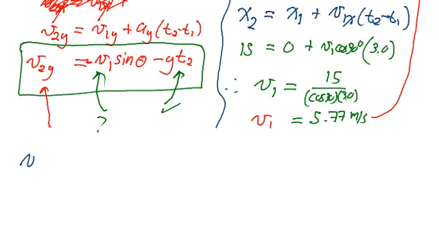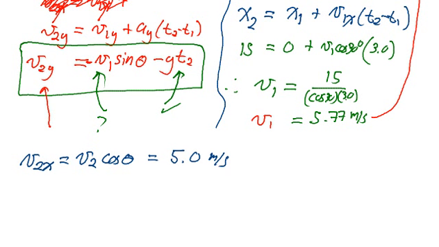So v2x will be equal to v2 times the cosine of theta. Then we can come up with that number, so that will be our 5.77 times the cosine of 30 degrees. So that equals 5.0 meters per second.